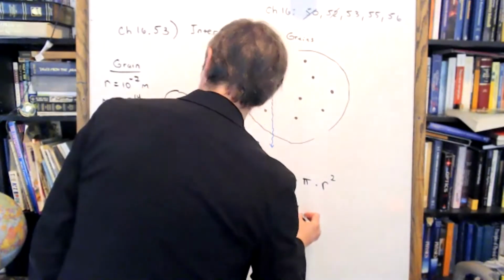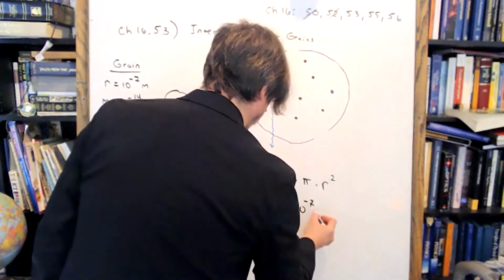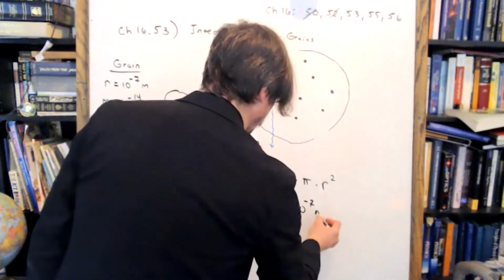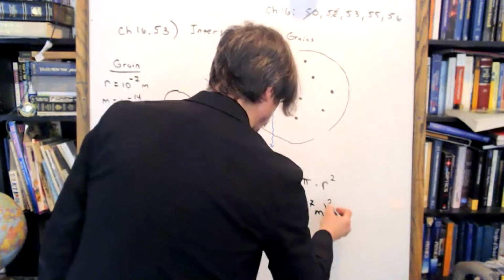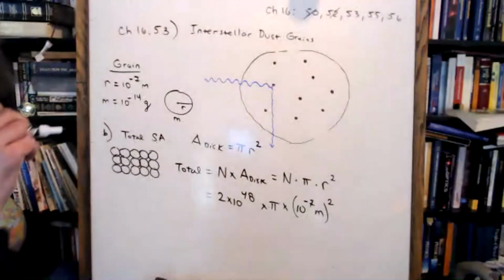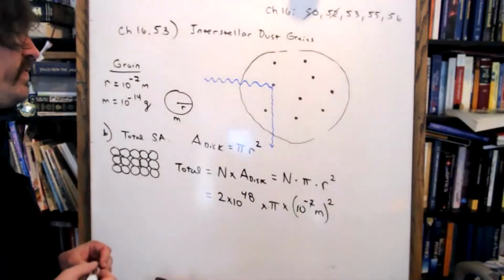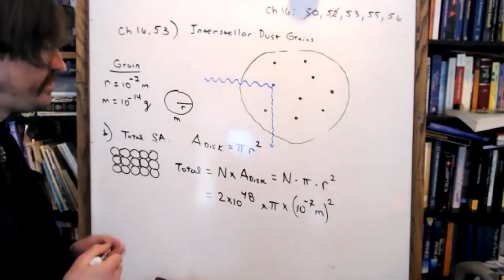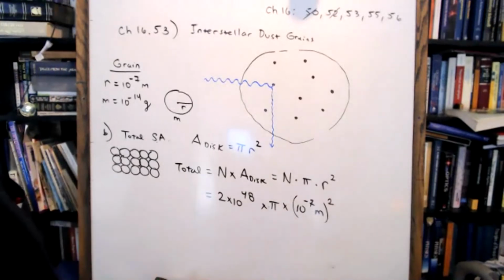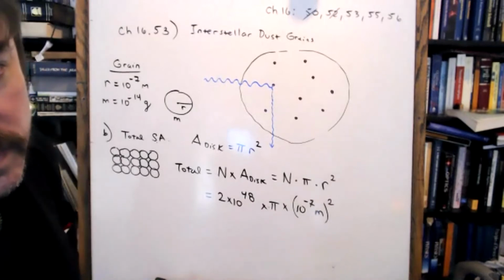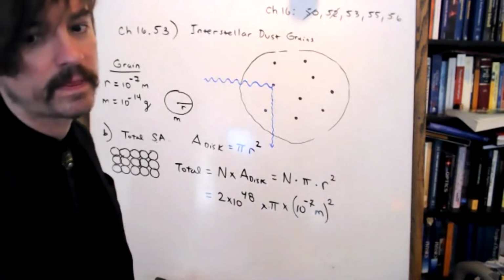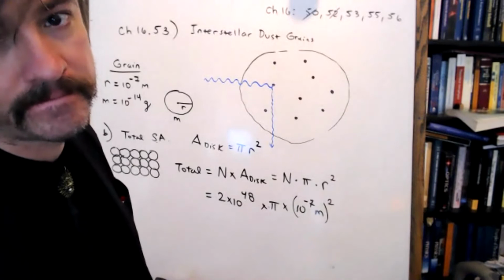10 to the minus 7 meters squared. Here, I want you guys to be super, super careful about how you do this. Punch it into your calculator or do it in your head if you think you can. What's 7 times 2? 14.